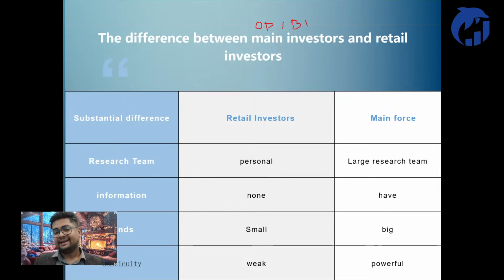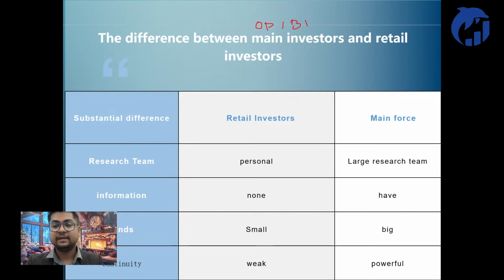You and us, the retailers who are trading around you, will have a personal bias towards the stock, and they will not be able to make a profit from it.